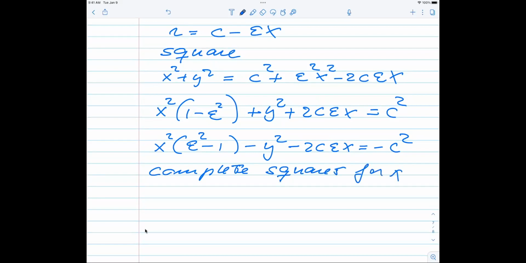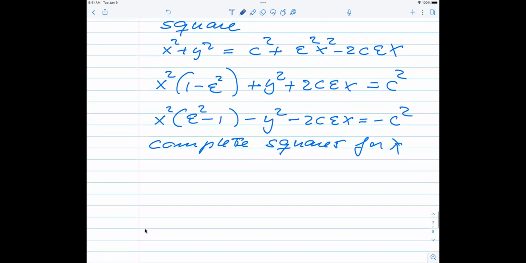So I need to introduce a new quantity. And the way I'm going to do that is to define a quantity which I'm going to call delta. So this is something which I'm going to define now, which is C divided by epsilon, divided with epsilon squared minus 1.